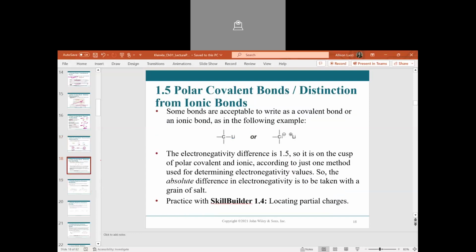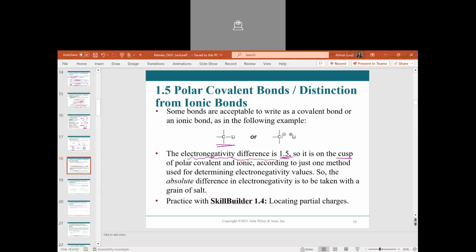So the last slide in this section shows us that sometimes molecules are on the edge of electronegativity differences. This one here between carbon and lithium is noted to be about 1.5, so it's right on the cusp, right between being polar covalent and ionic.